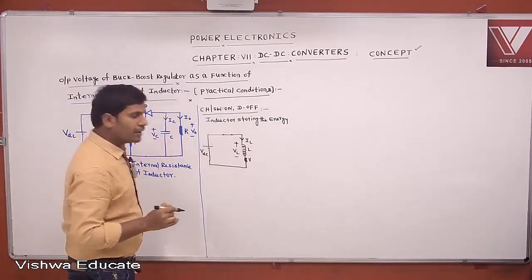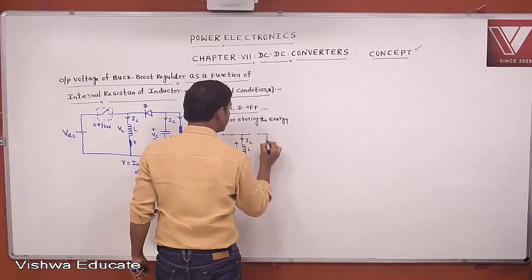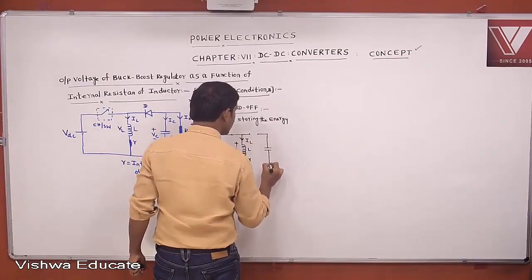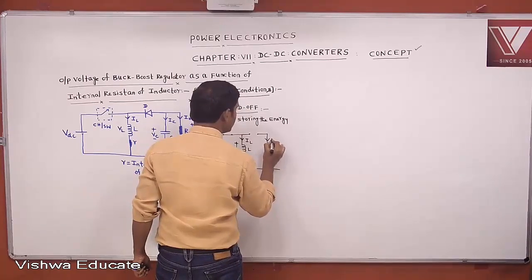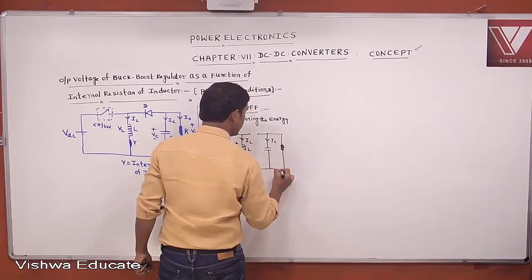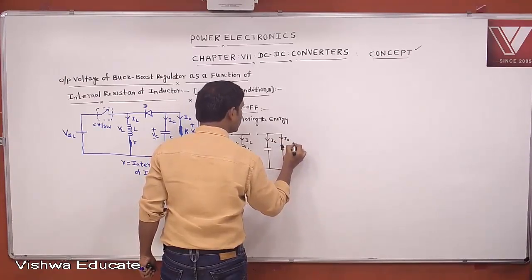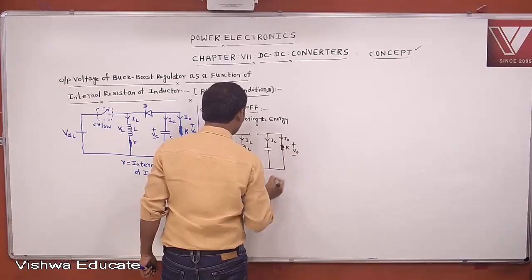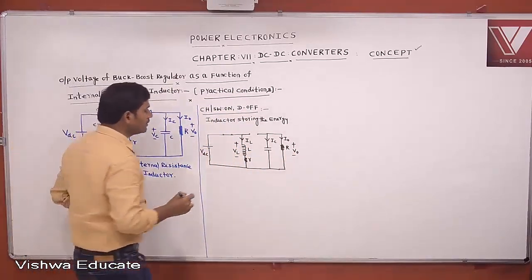The supply voltage is VDC. The diode is in the off state. This is the capacitor, this is IC, and this is I0. R, positive negative V0. This is the equivalent circuit.